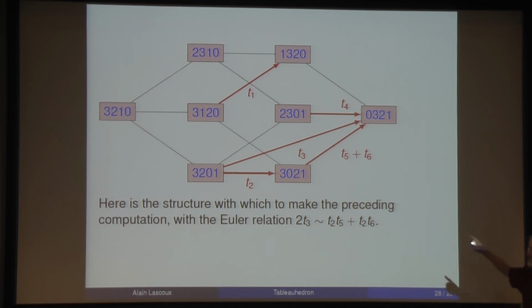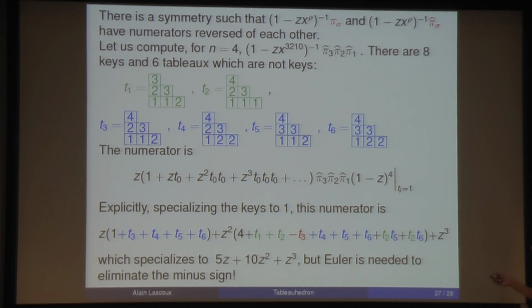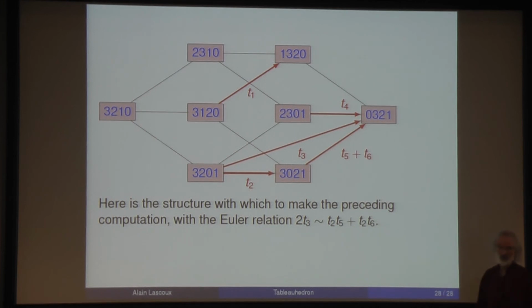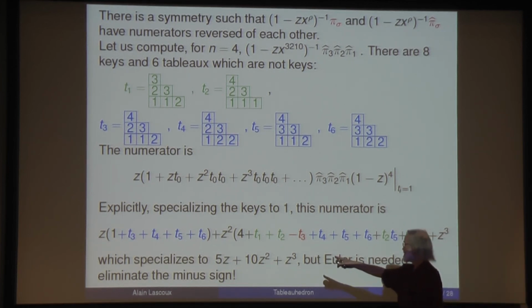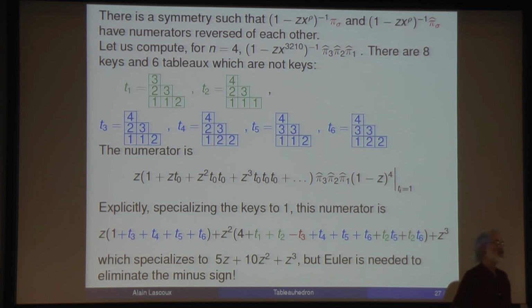But fortunately, I have the Euler relation, so that I can eliminate this t3: 2t3 is equivalent to the number of tableaux t2, t5 plus t2, t6. So now I have a positive sum, and this explains what I get here: 5z plus 10z squared plus z cubed, which is the Eulerian polynomial corresponding to this situation.